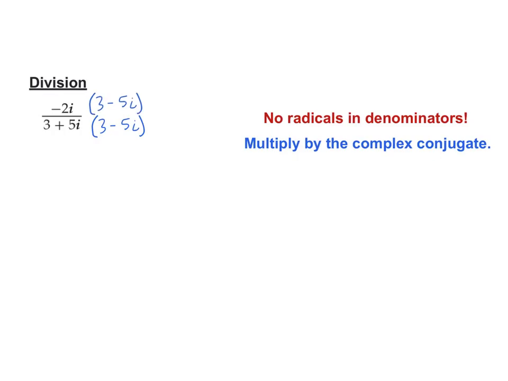Multiply the top. Does anybody know why we have to do that, the top and bottom like that? Why does it make it stay equal?